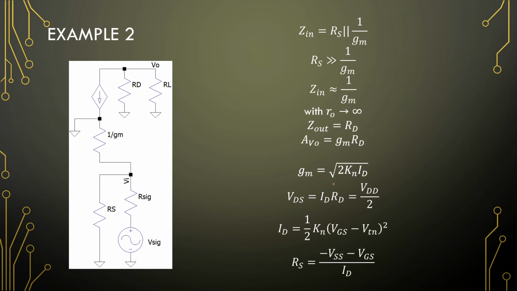Okay, so not much changed here. This is dual rail, so RS is purely responsible for our bias. RG, you can choose anything you want. And the rest is kind of standard, remains the same. VDS is IDRD is VDD over 2.